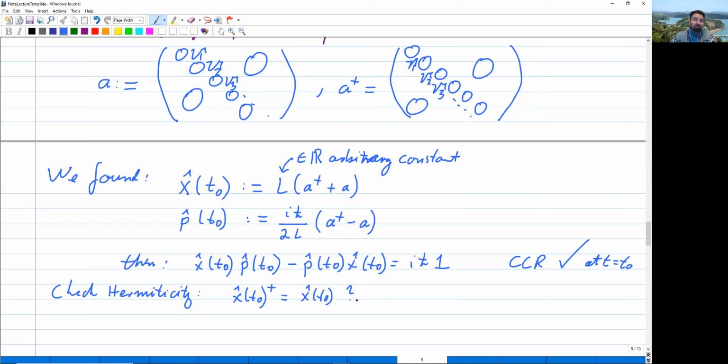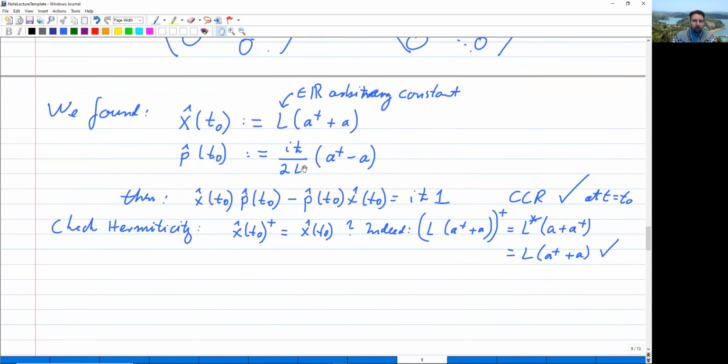Well, yes, because indeed L times A dagger plus A, and then you take the dagger of this, is equal to, well, L star, because L is a number, remember? And then we have here A plus A dagger, okay? But what is this? This is L because we wisely chose our L to be a real number. So it's L times, well, you can also write this as A dagger plus A, right?